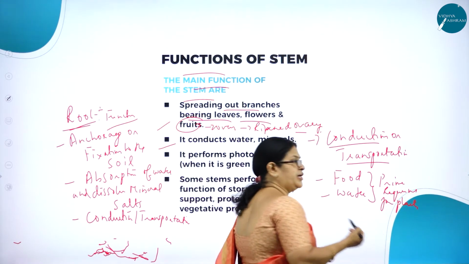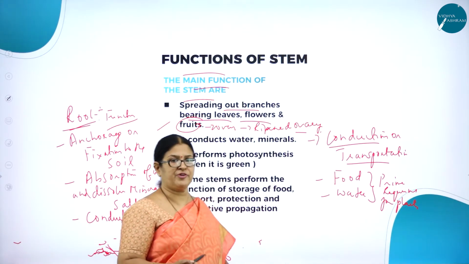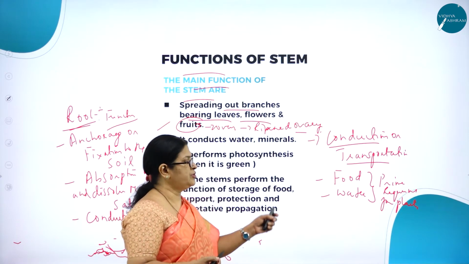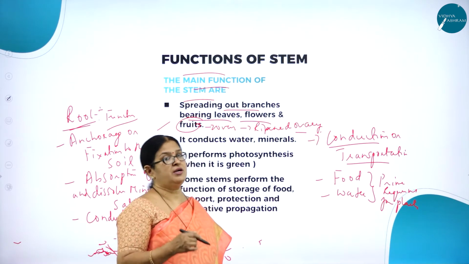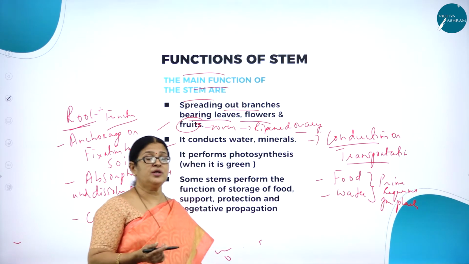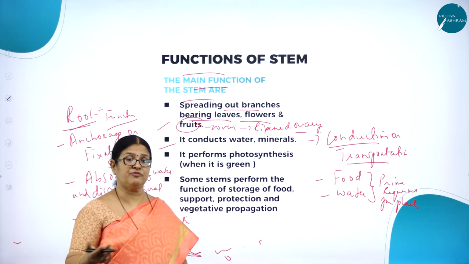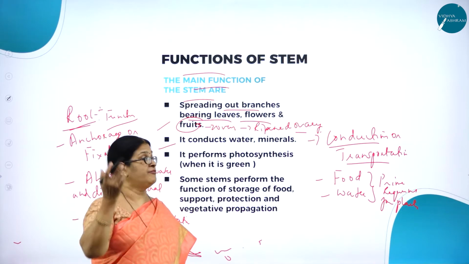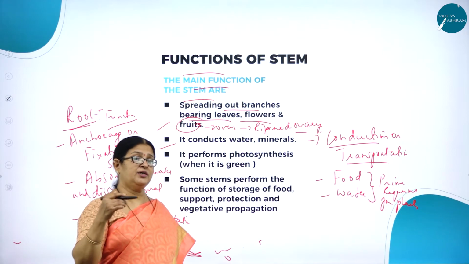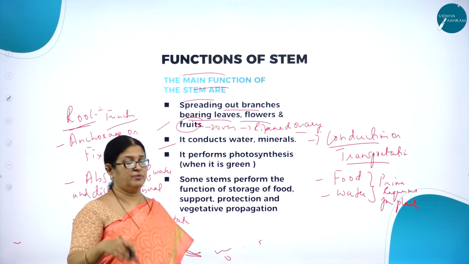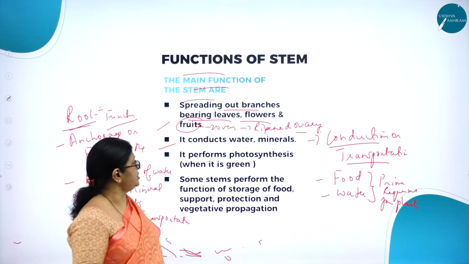Just like how food and water is a prime requirement for animals, so also for plants, food and water is very much important. So they help in conduction or transportation. As I said, root conducts water from downwards to upwards, whereas the shoot or the phloem conducts food from upwards to downwards.